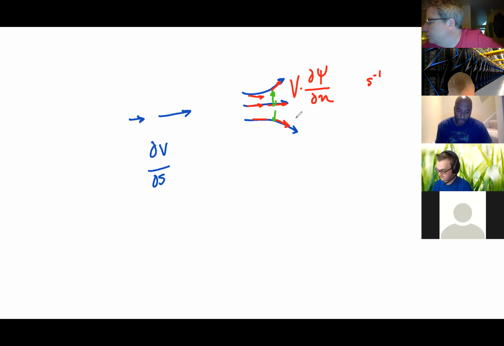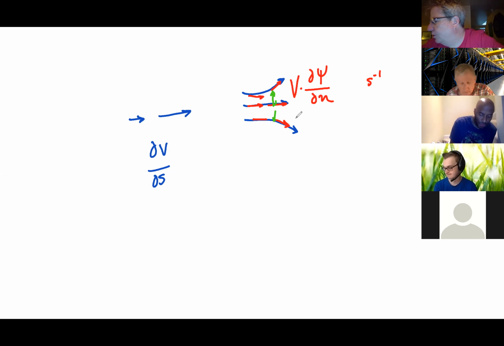Vorticity, now, we know the vector is del cross V, right? But if we're talking about horizontal, I want to do K dot that. And then divergence is del dot V. So we know this to be true, right?